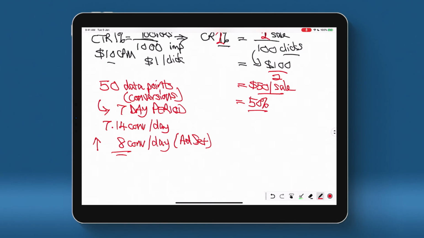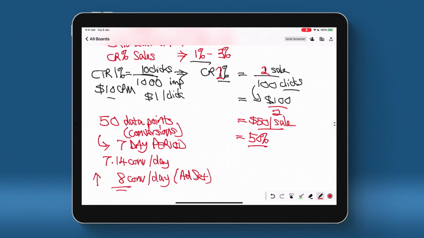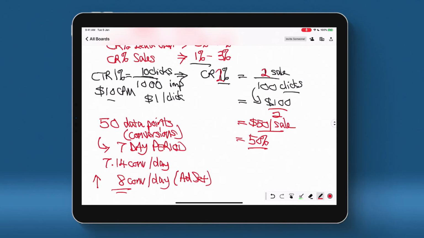And as I just said, it is going to be a very difficult thing to do because you will need enough traffic to drive to the website. And of course, very quickly you'll realize that at 1% CTR and at 1% conversion rate, you are effectively doomed because it becomes too expensive.